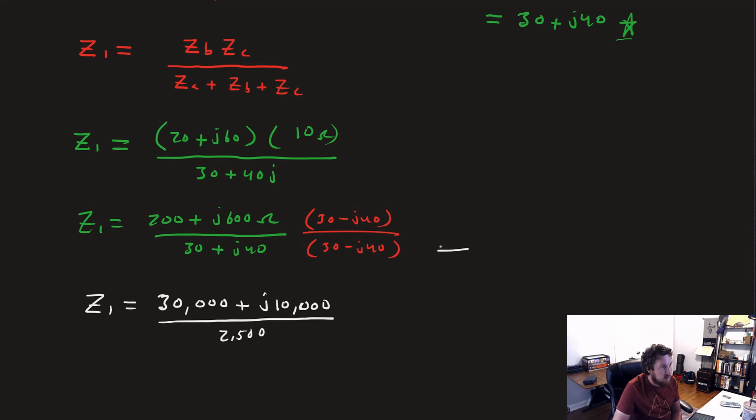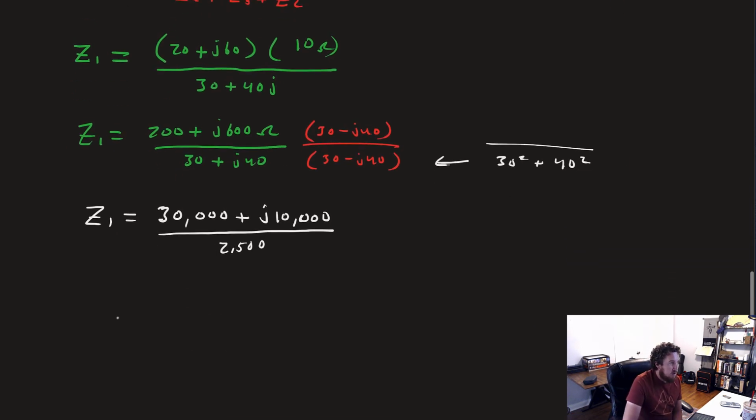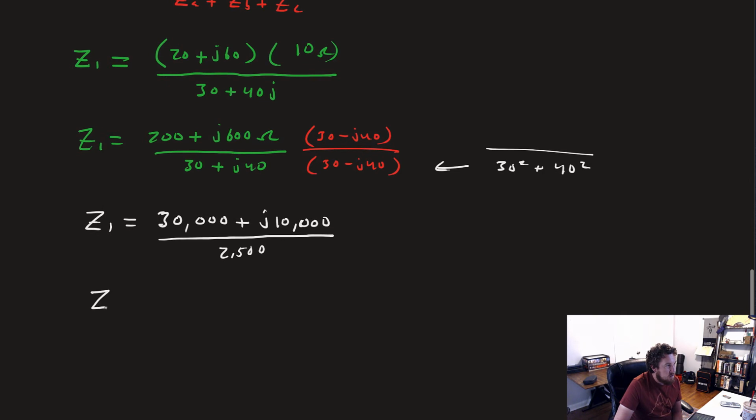Don't forget that the denominator is just going to be 30 squared plus 40 squared. So when we solve that, we'll be left with 12 plus J4 ohms.